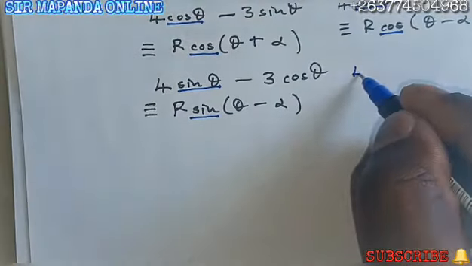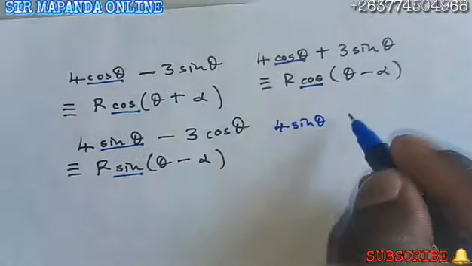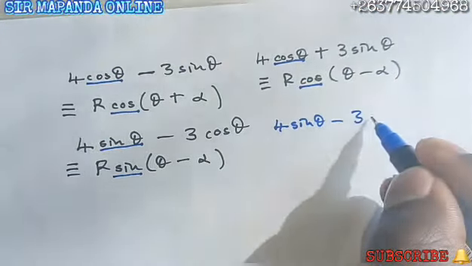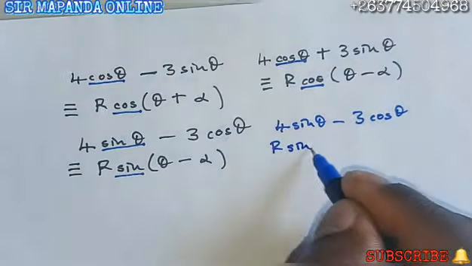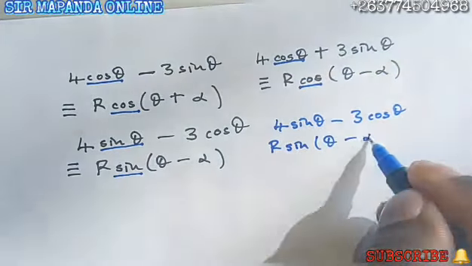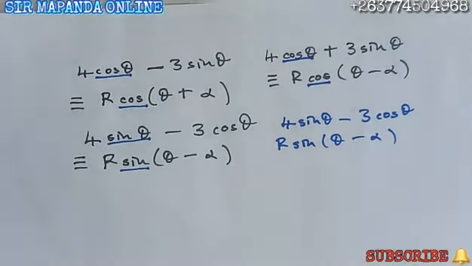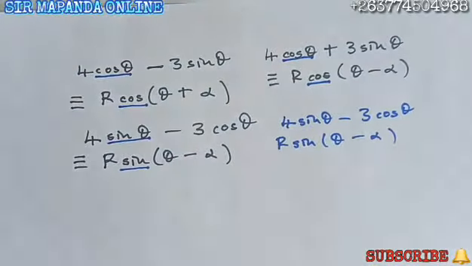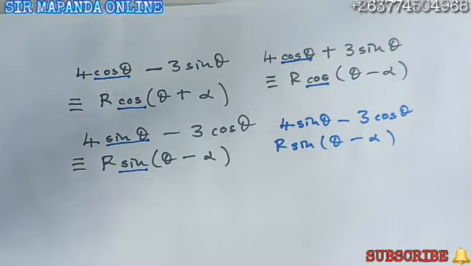If you have a negative, it remains negative. The sign change affects the cos formula. I hope you are following.